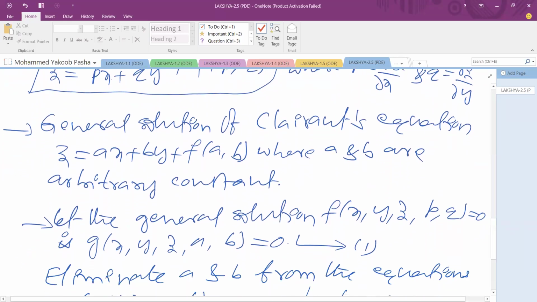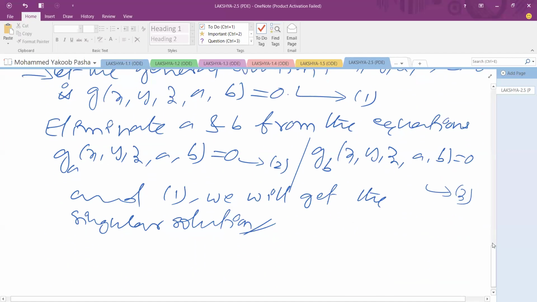We get the general solution z is equal to ax plus by plus f of a comma b. After getting the general solution, we can calculate the singular solution by differentiating with respect to a and with respect to b partially, and eliminating a and b we will get the singular solution of the given differential equation.